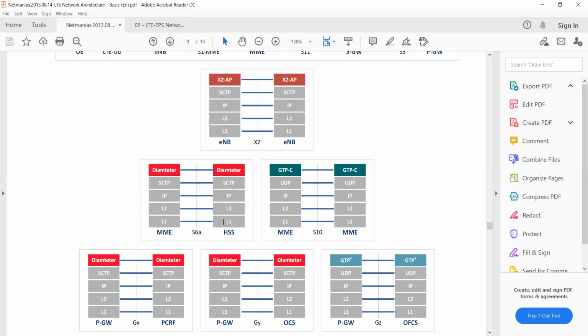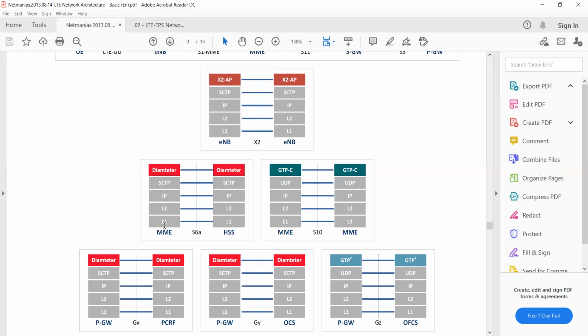First, get familiarized with these internal stacks. MME is interacting with HSS via L1, L2: L1 will interact with L1, L2 with L2, IP, SCTP to SCTP, Diameter to Diameter. These internal layers are nothing but software files written in C code.